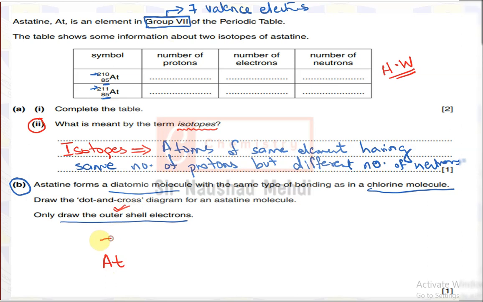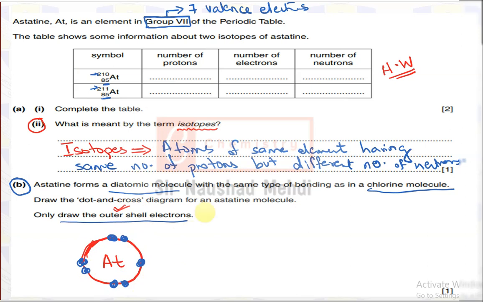So if I draw astatine and just the outermost shell, I just have to draw the 7 electrons: 1, 2, 3, 4, and then 5, 6, and 7.